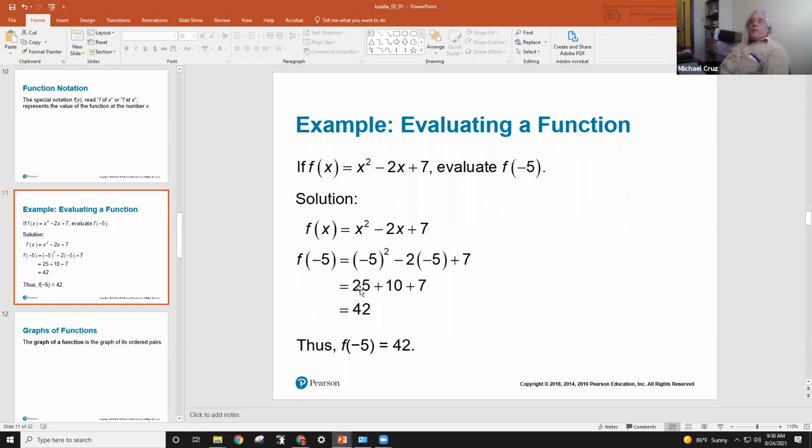Then -2 times x is -2 times the -5. Two negatives give us a positive 10. And then the 7 doesn't have any variable associated with it, so it just comes down. We add all those up, and f of -5 is equal to 42.